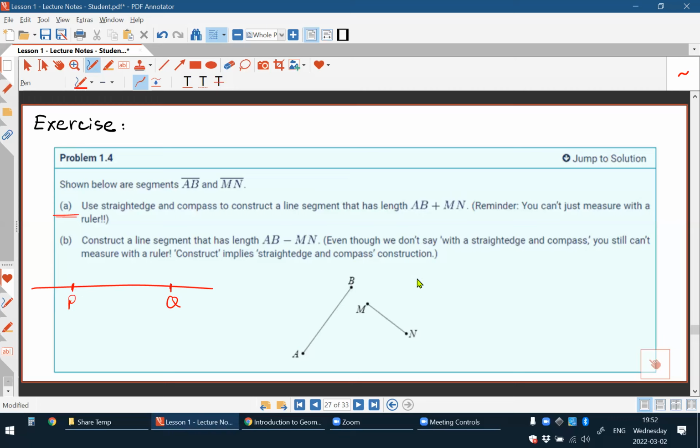So how do you find AB plus MN? Then we can use your compass to copy line segment MN, right? So we can draw a circle centered at Q, whose radius is MN, right?